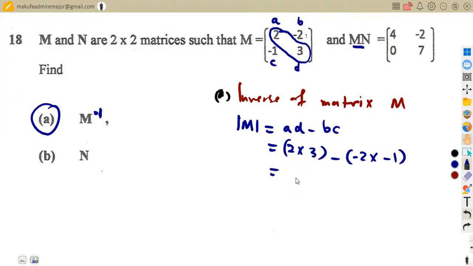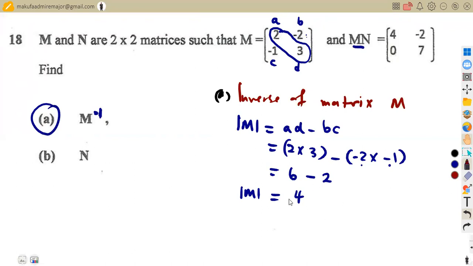So 2 times 3 is 6, minus -2 times -1, which is +2. We subtract and obtain 4. So this is our determinant. When you see these lines around a matrix, it is the determinant; around a vector, it is the modulus. That is the difference between these two.